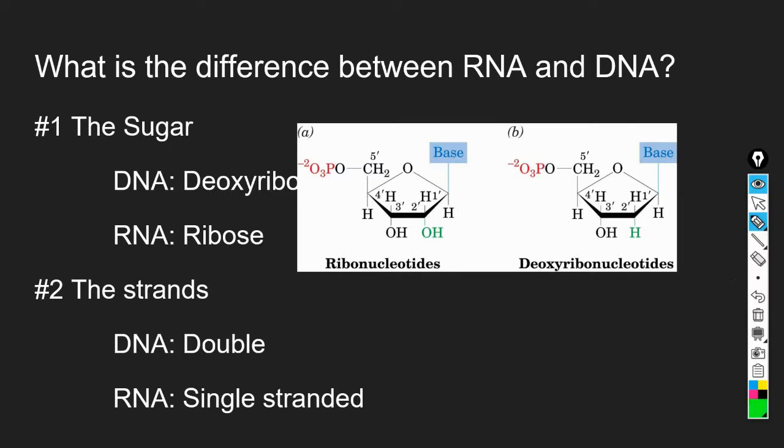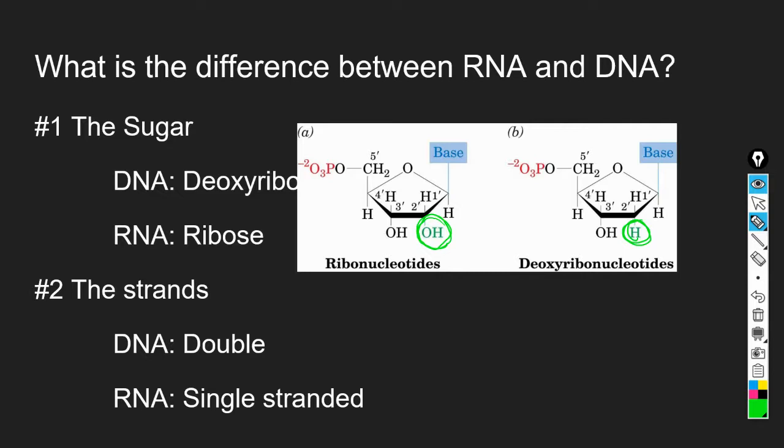The difference is really subtle, and it's represented in green right here. So in RNA nucleotides, or what they call ribonucleotides, there's an OH group right here. In DNA nucleotides, or what they call deoxyribonucleotides, there's only a hydrogen. So that's a very small, subtle difference, but they are different sugars, and those sugars are one of the three components of the nucleotides.